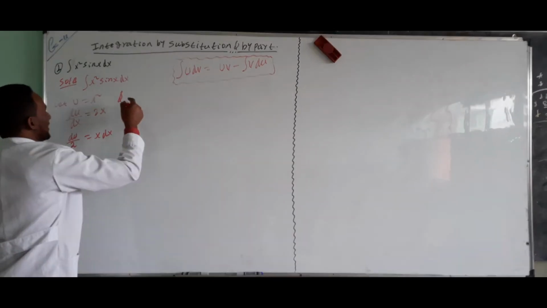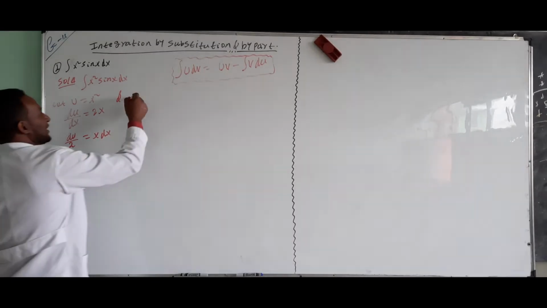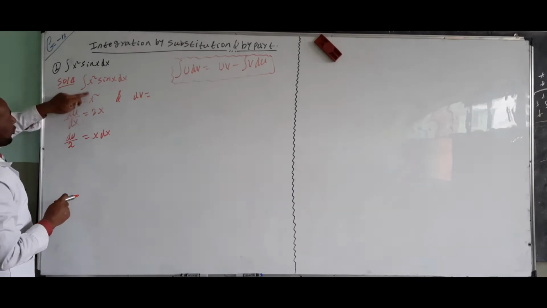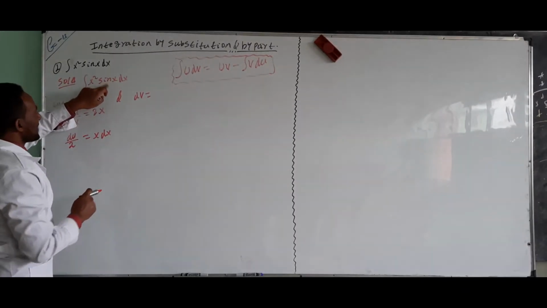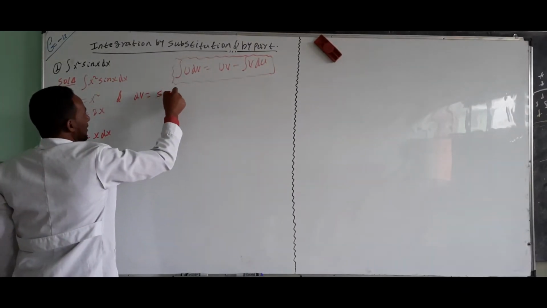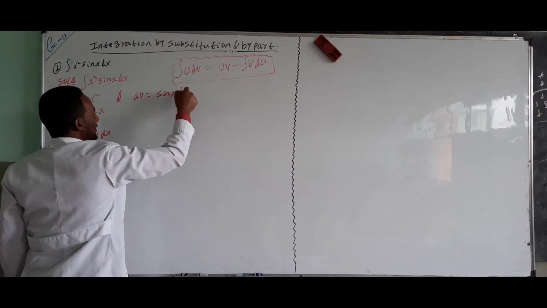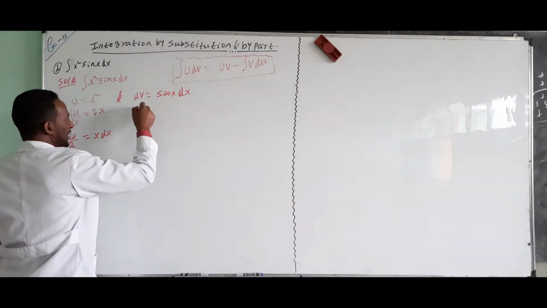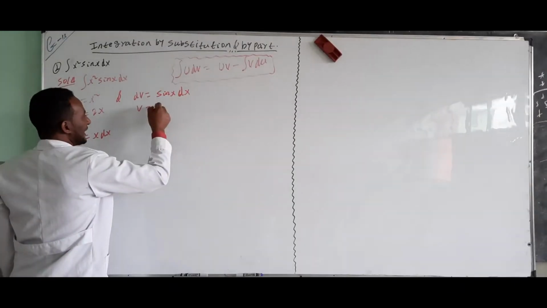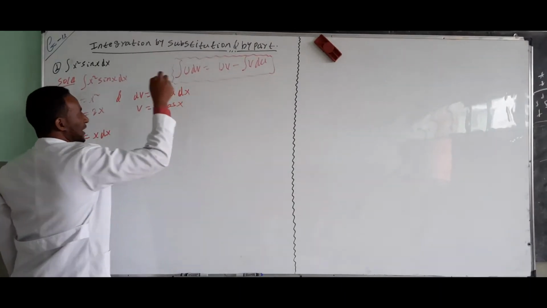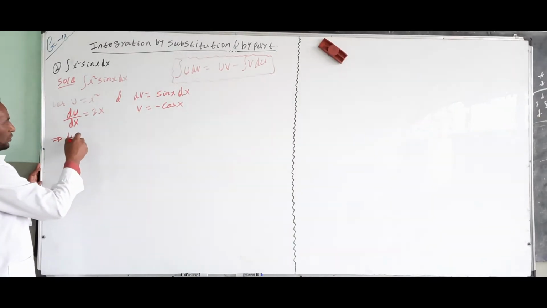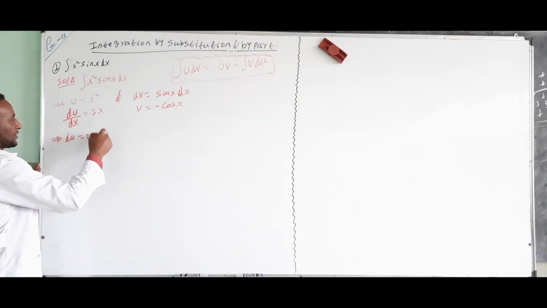And let us take dv is equal to, when u is equal to x square, the left one, sine x dx. Then when we integrate both sides, we get v is equal to negative cos x. This implies that du is equal to 2x dx.